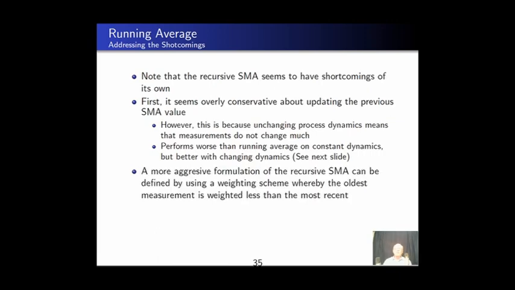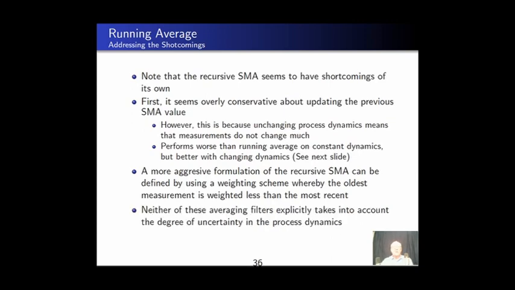A more aggressive formulation of the recursive SMA could be done with, say, an exponential weighting scheme where you don't weight all the measurements the same. Neither of these averaging filters, however, takes into account the explicit uncertainty that you have in the process dynamics. So the process may have some noise built into it, independent of measurement, just because your mathematical model is not perfect.